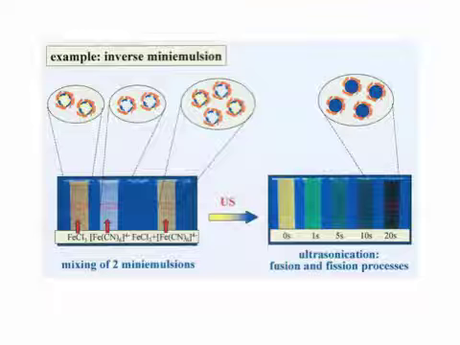Bam, there you go. So this is quite interesting. You can prevent the reaction from happening because reactant A is in a different compartment than reactant B, but they're still in the same system. And then when you want it to happen, you make sure that these droplets fuse with each other, and then you get reaction. So it's quite an interesting concept.